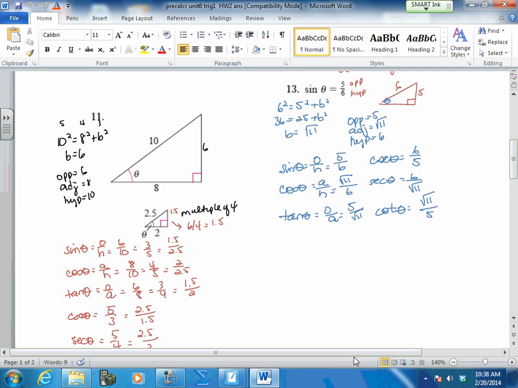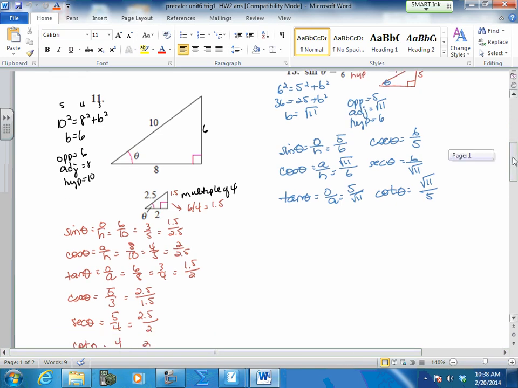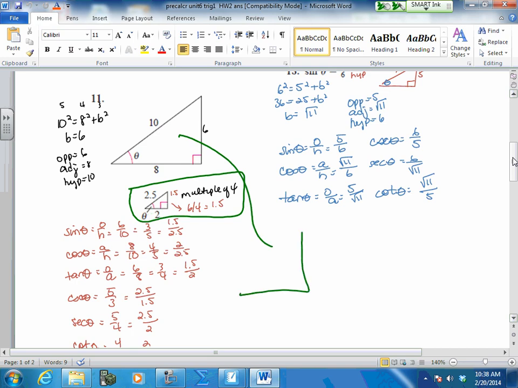Number 13 and number 11, same thing. I was hoping in number 11 that you kind of saw the difference right here. See this little triangle right here? It's a multiple of 4 of this one. Now, if you saw this, you know how you had to reduce all these fractions?